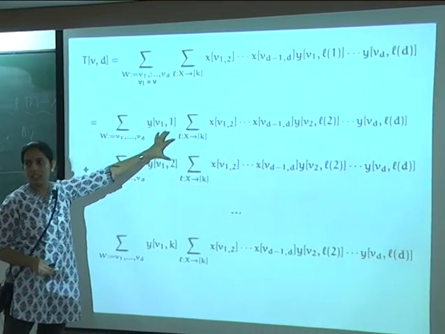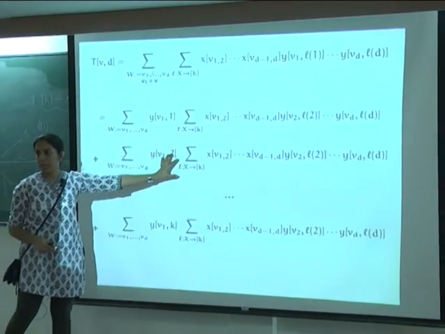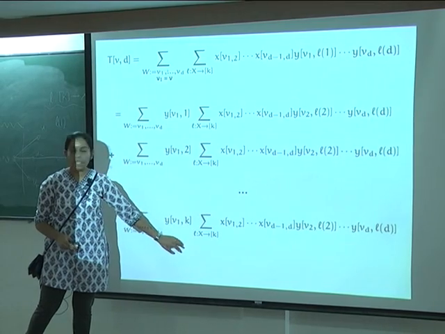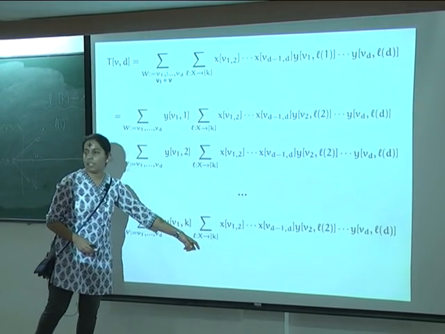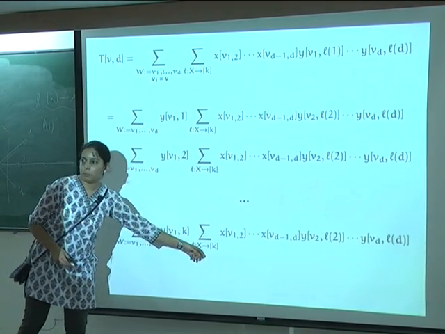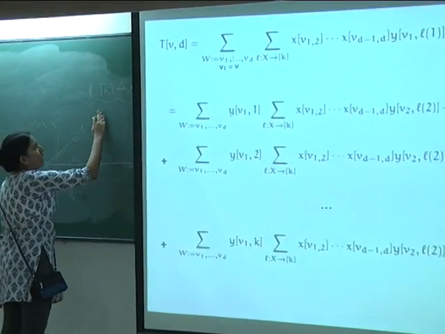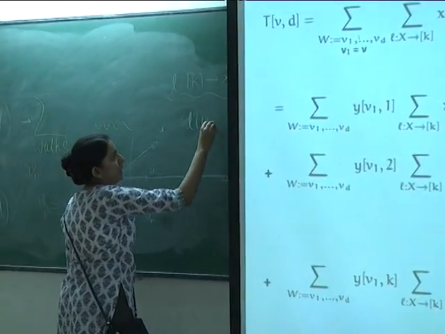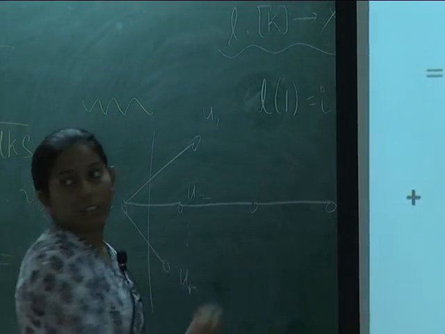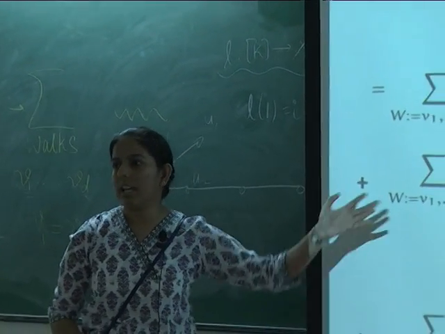I'm collecting all those terms where the first guy maps to 1, those where the first guy maps to 2, and so on. Here I'm collecting all the terms where the first element maps to k. And here of course I'm looking at this particular space of functions: the collection of all those functions from k to x where L of 1 is equal to i. It's possible that this is an empty set, in which case you don't have those terms. That's fine.